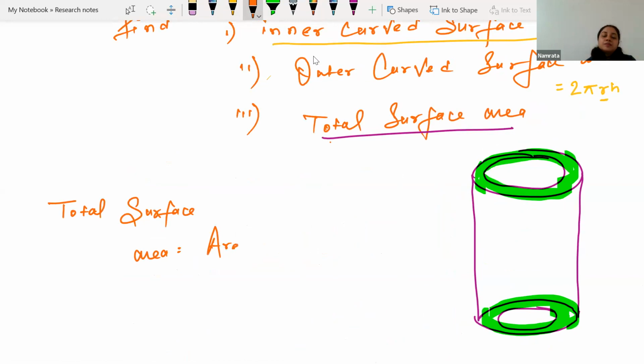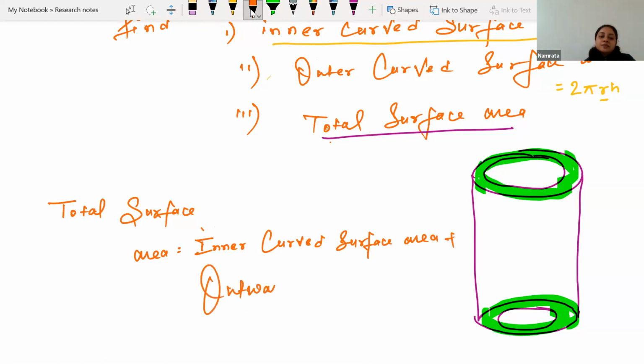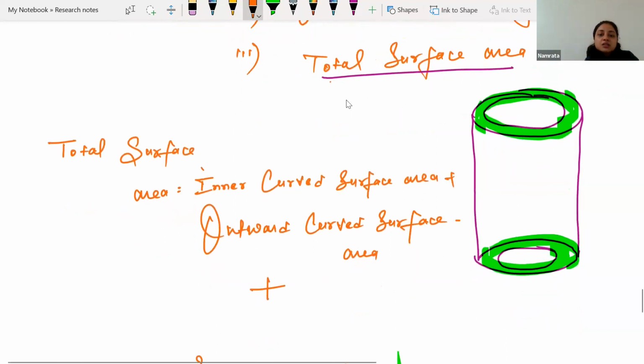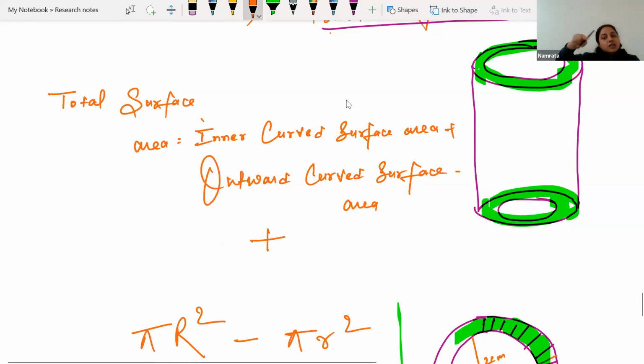We will be taking the inner curved surface area plus the outward curved surface area, plus this upper circle ring and the downward circle ring.